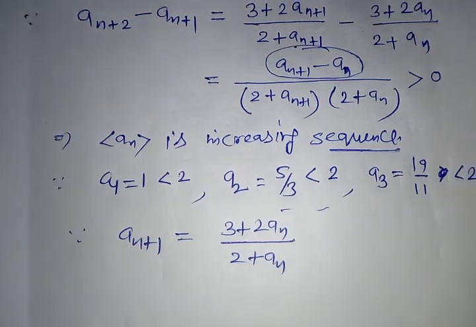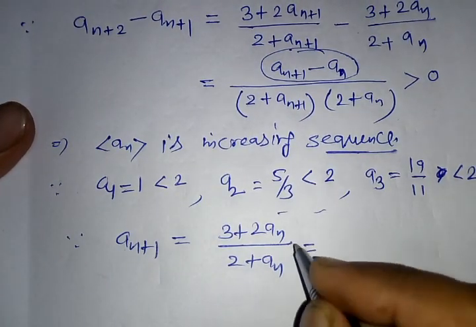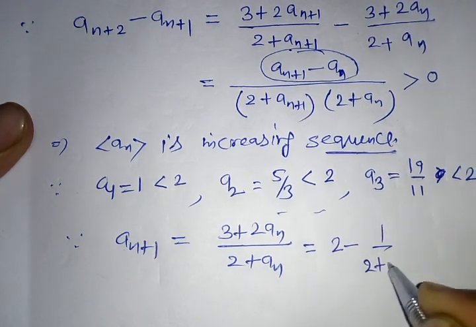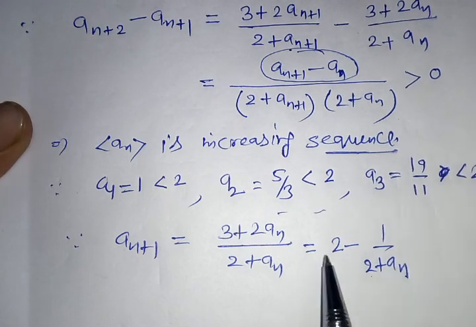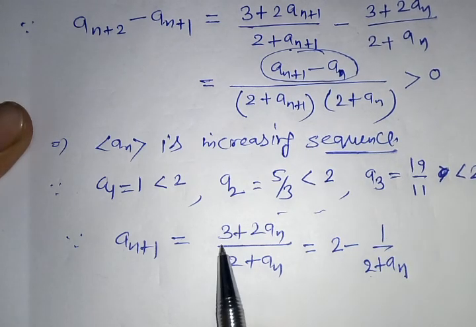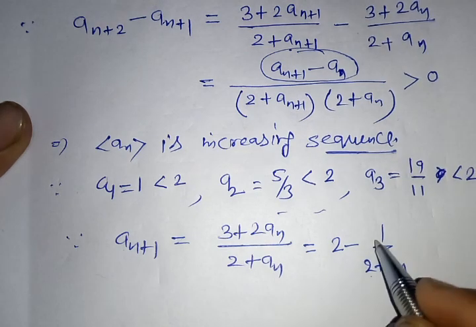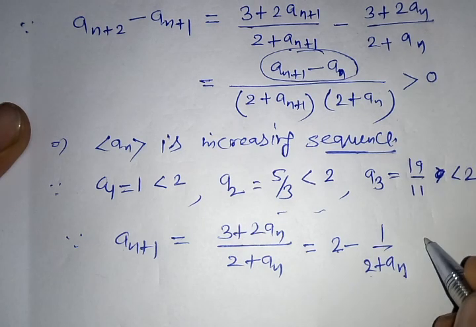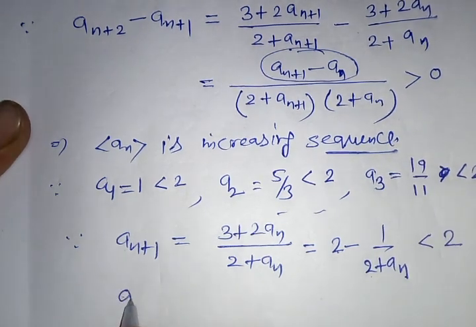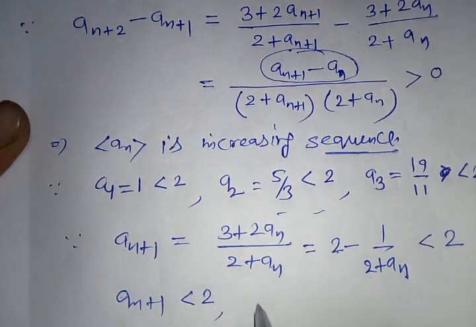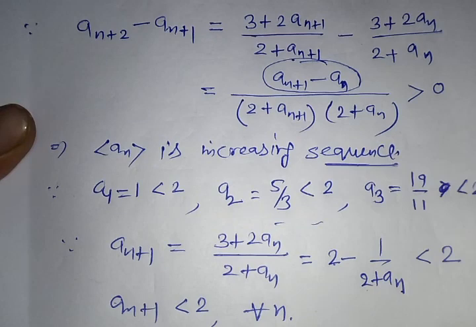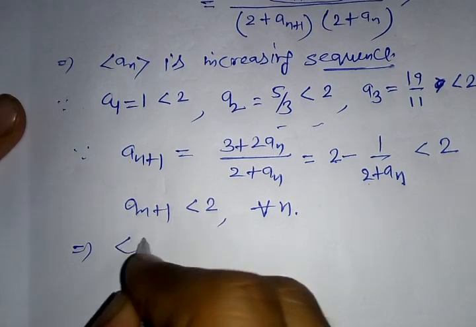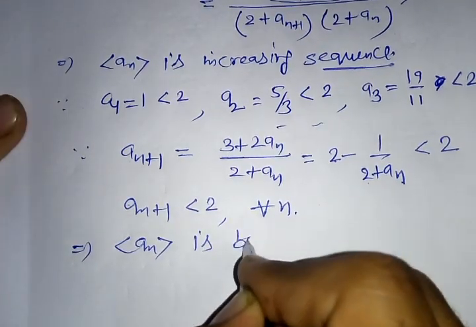So we can write this term as 2 minus 1 upon (2 plus an), because 2 into 2 is 4, and minus 1 gives 3, and we get the same 2an term. So we are subtracting some positive number from 2, and this term is less than 2. So an plus 1 is less than 2 for each n. That is, the sequence an is bounded above.